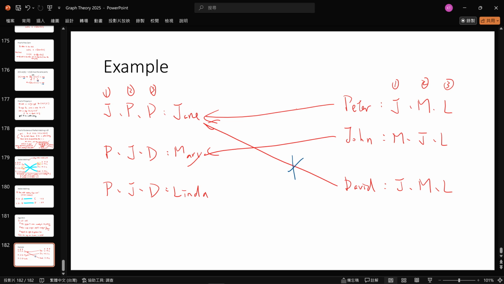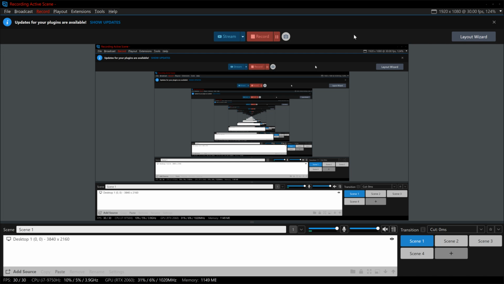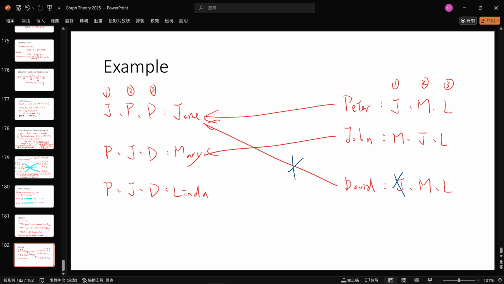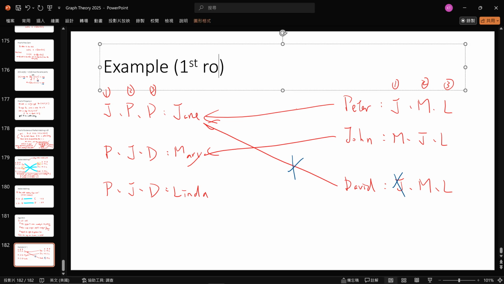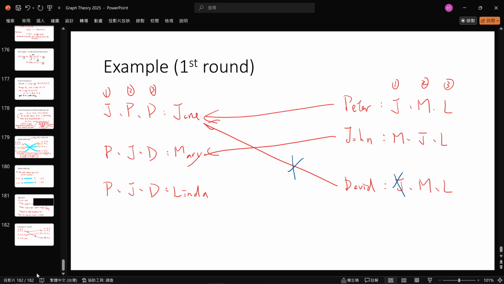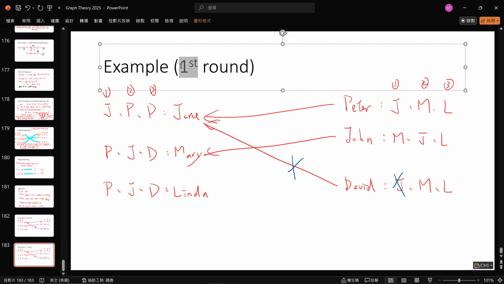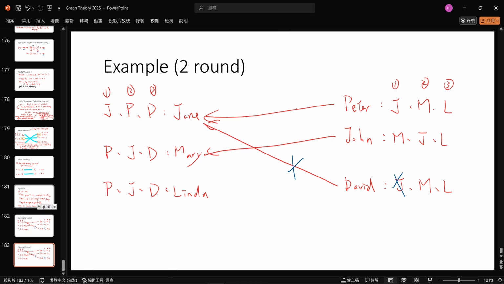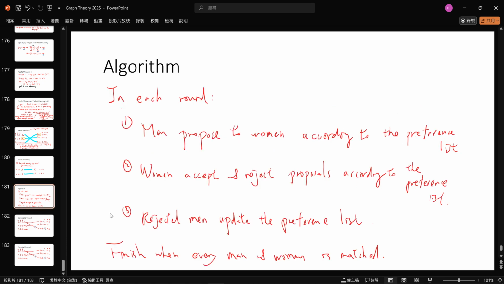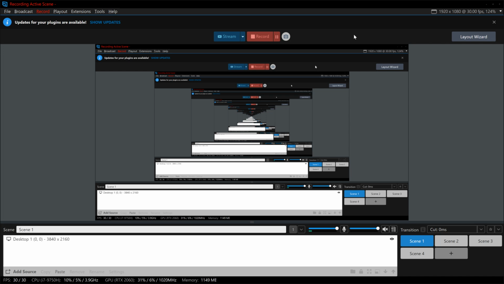And the third step, David is rejected, so David removes Jen from his preference list. So this is the first round. Okay, so in the second round, I should add one more detail. That is, in the first step, only the men that are not matched propose to women.